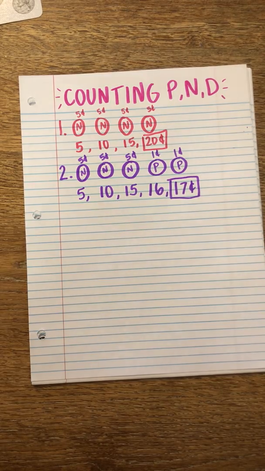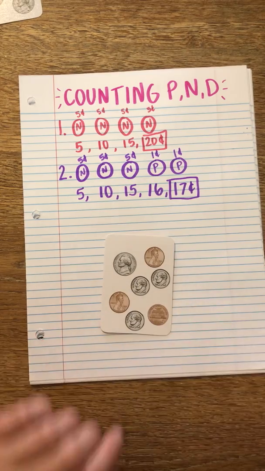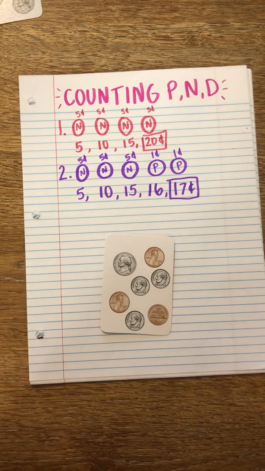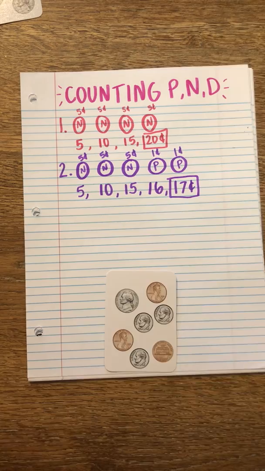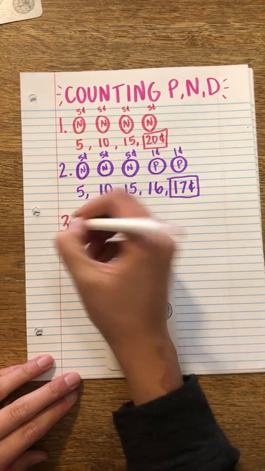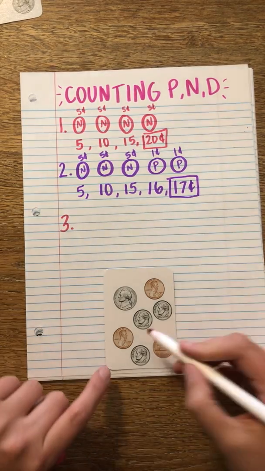Now let's look at some dimes. Okay, now I've got dimes, nickel, and pennies. All right, let's look. Oh, where'd my cap go? There it is. So now I'm gonna write number 3. What am I gonna start with? When I'm counting coins, I'm always gonna start with the biggest coin, which is the dime in this case.